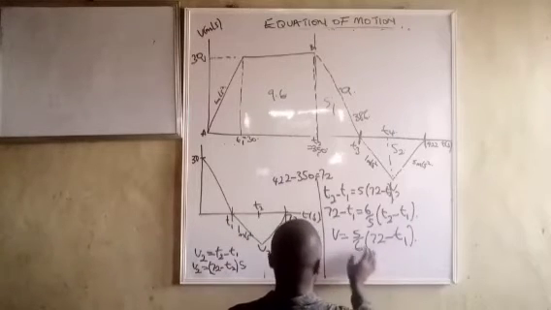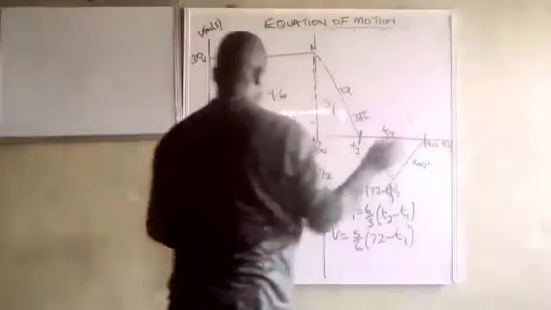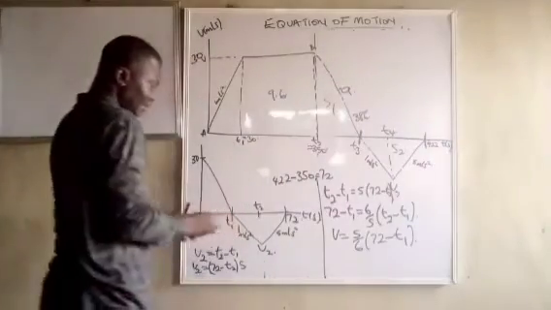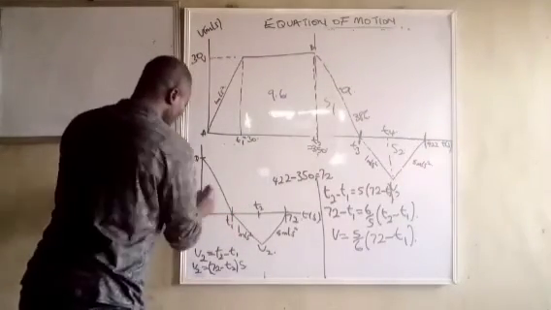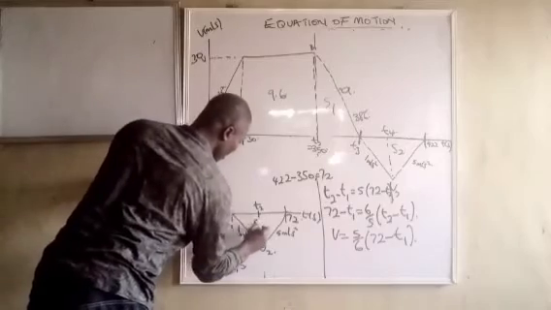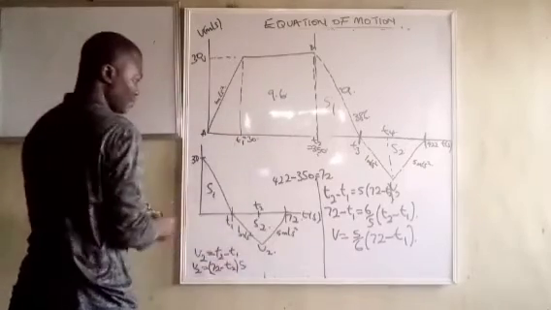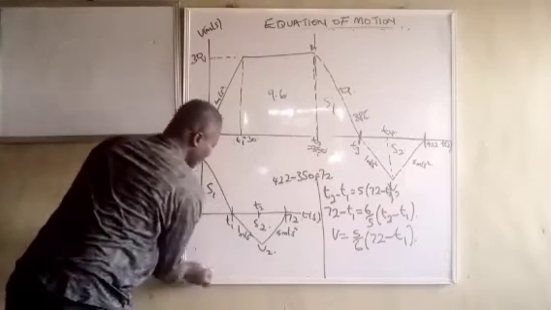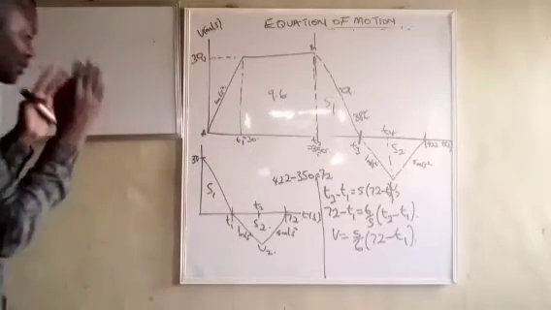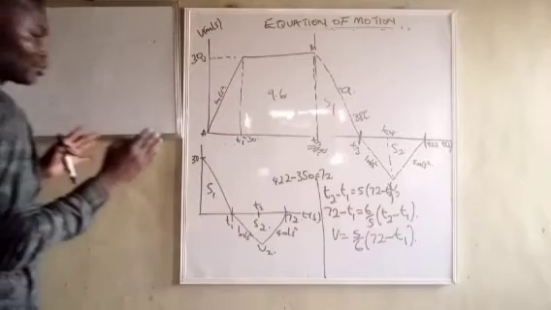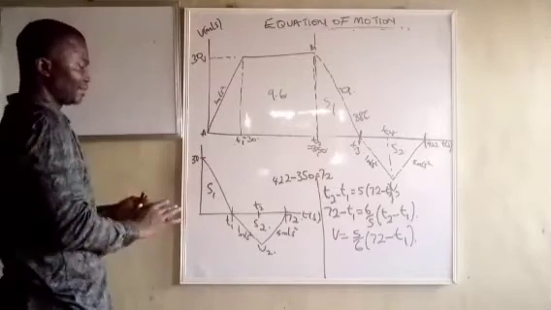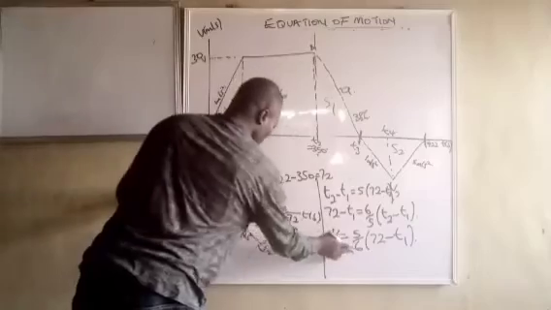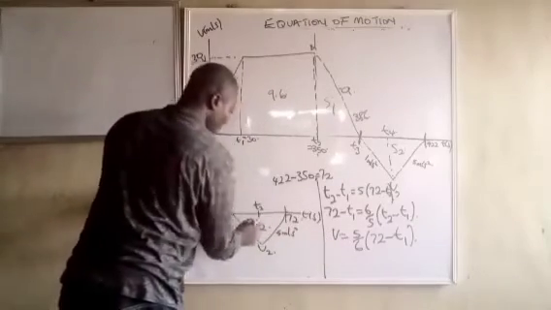Since we have gotten this for our velocity, we can now work out our distance. S1 is equal to S2. So this one is advantageous in that it makes what you are looking at smaller and simpler.